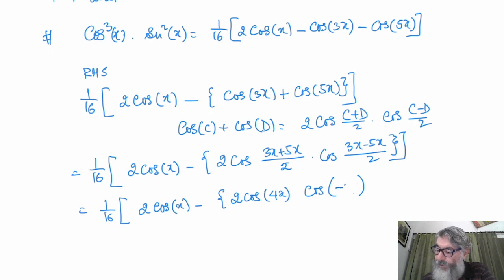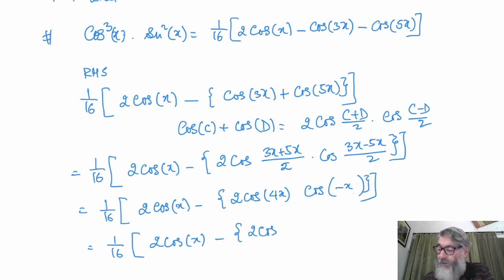It will become cos minus x, and cos minus theta is cos theta only, so there is nothing change. It will be remaining 2 cos x minus 2 cos 4x into cos x, because cos minus theta is cos theta only. So it really doesn't matter in this case.